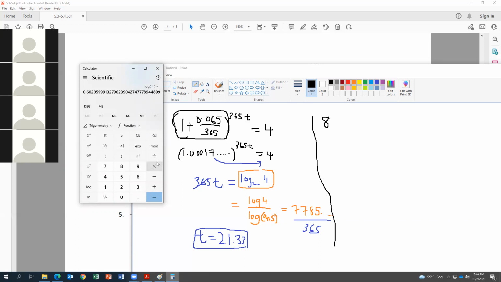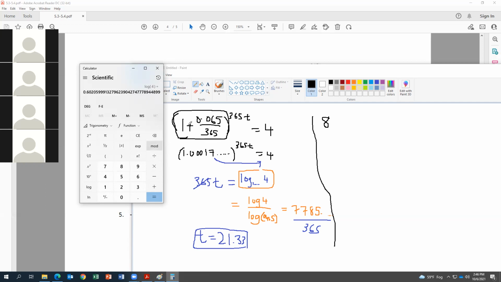Okay, so make sure you guys, this is very important because the ANS means your previous answer. So you actually have to do this. Those students who did not, if I use previous answer here, my previous answer is 21.33. So that's why you have to know what your previous answer is in order to use ANS. But for me, right now, my previous answer is not 1.017.